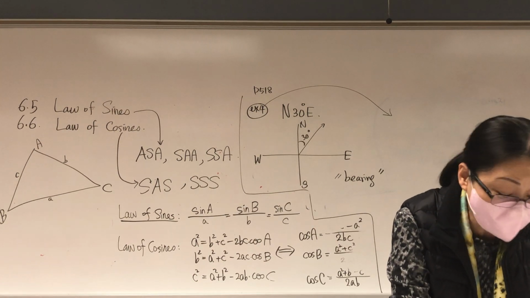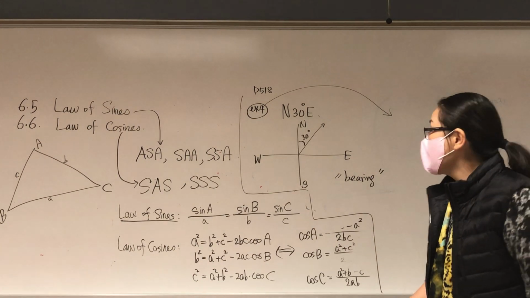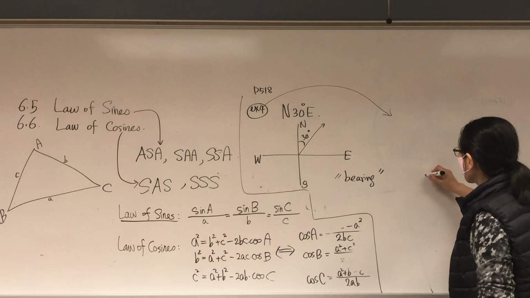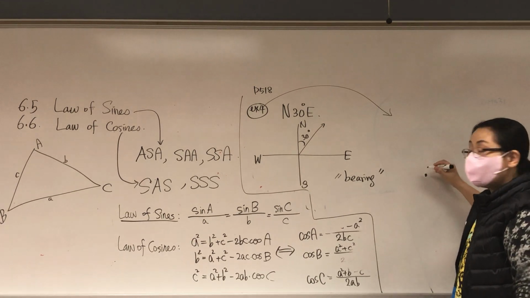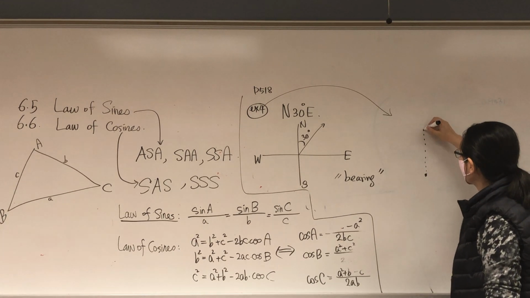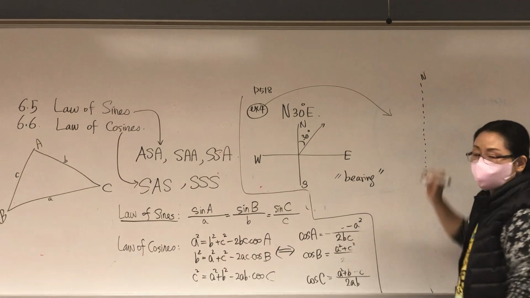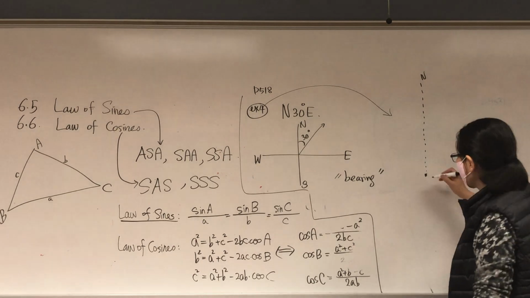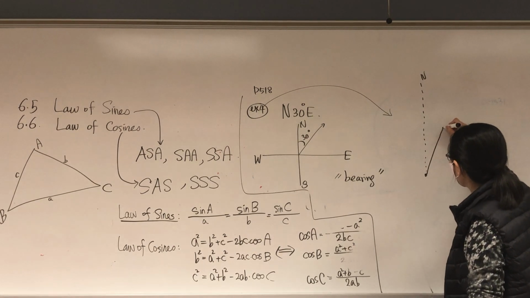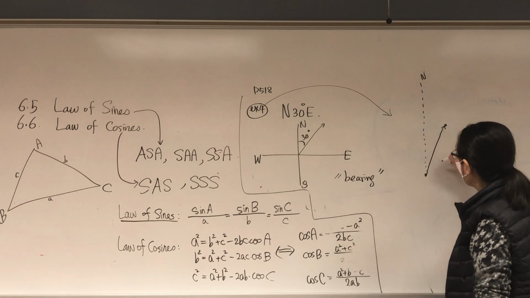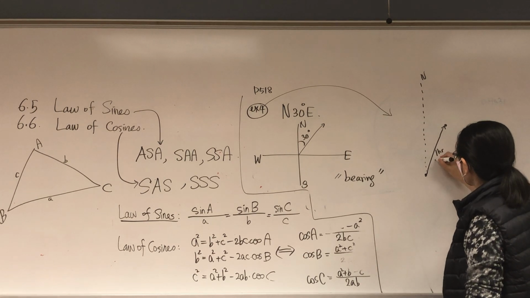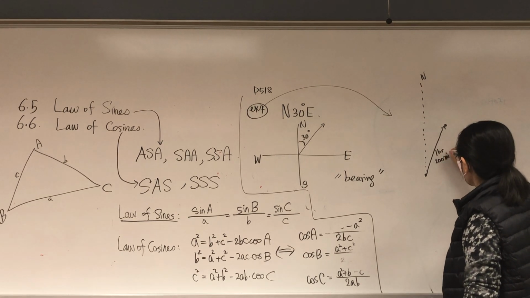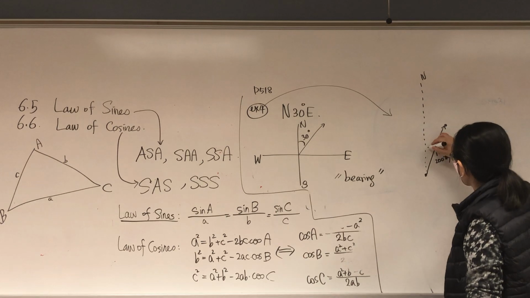So if we draw, this is the starting point, right? This is the north direction, and then northeast 20, like this. And then they go 1 hour at 200 miles per hour. It is 20 degrees, am I right?